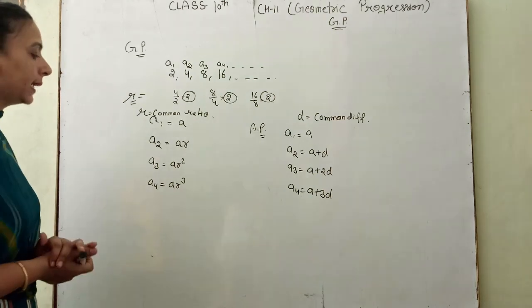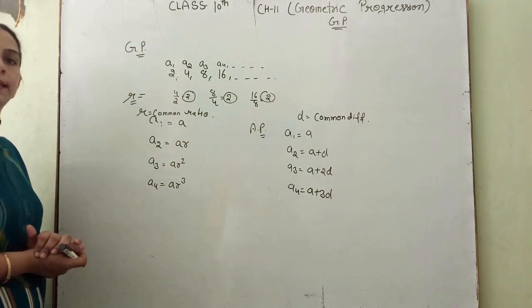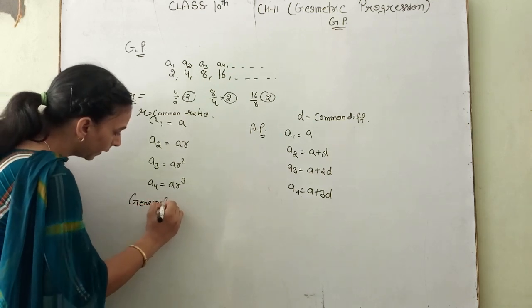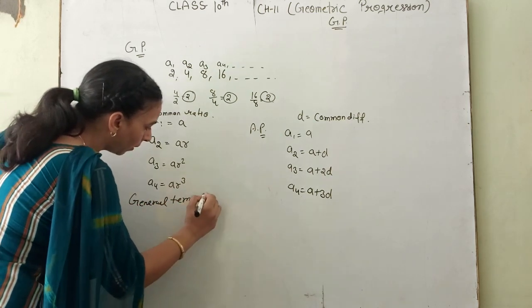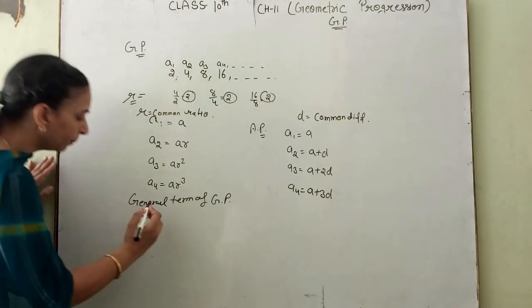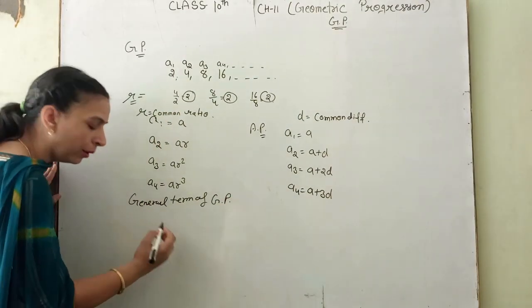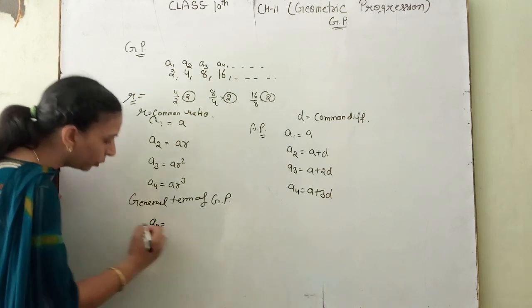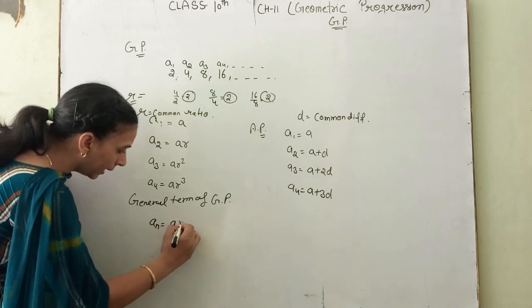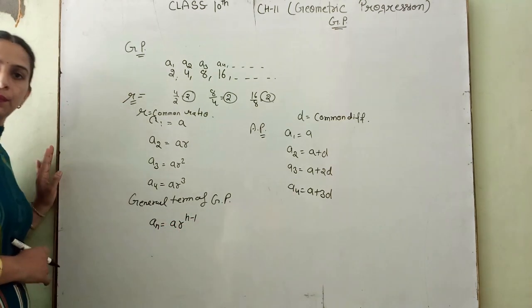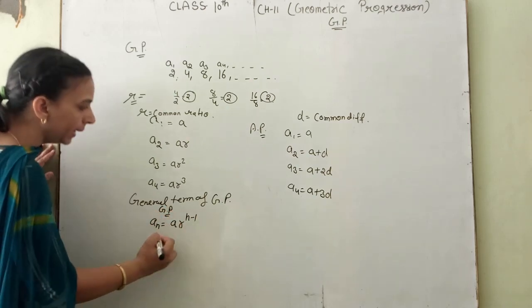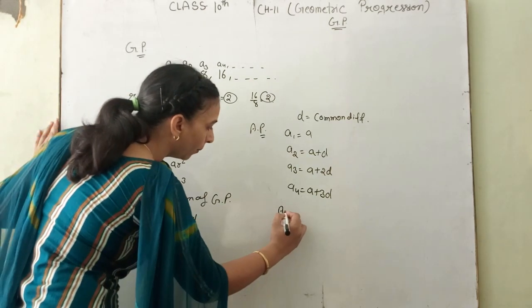Next, the general term of GP. What is the general term of GP? This is the last term or nth term, an equals the nth term of GP, and this equals a r raised to the power n minus 1. Next, the general term of AP.